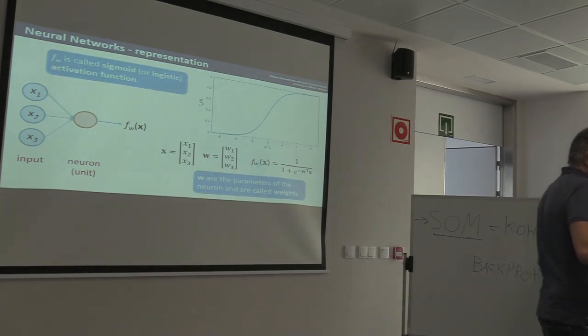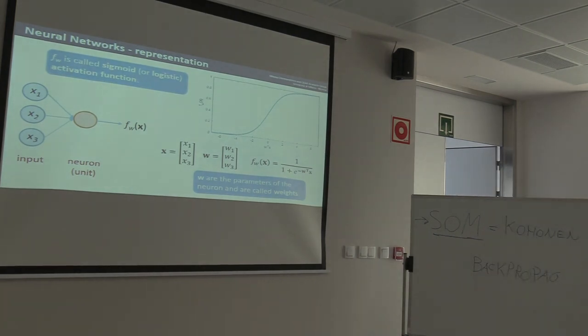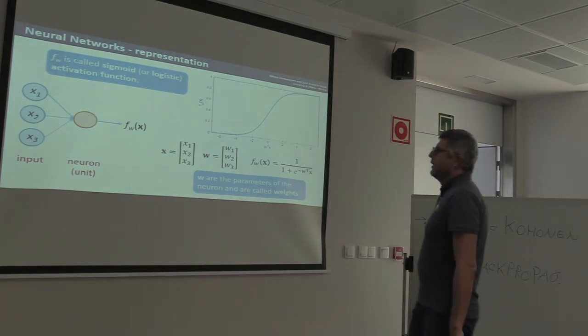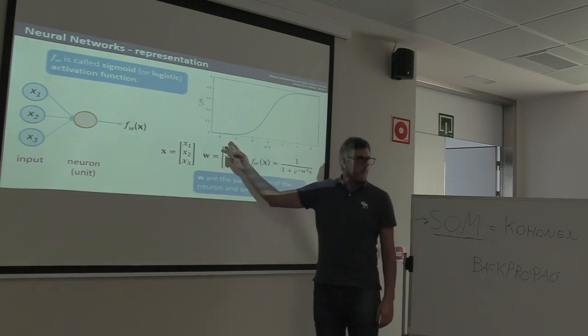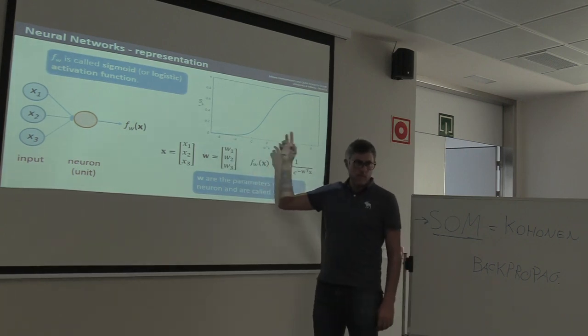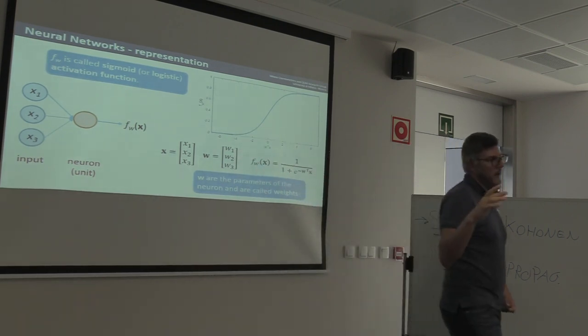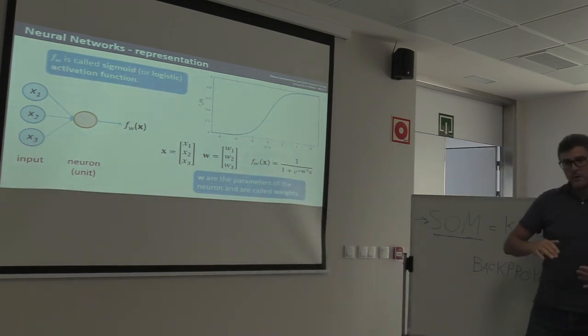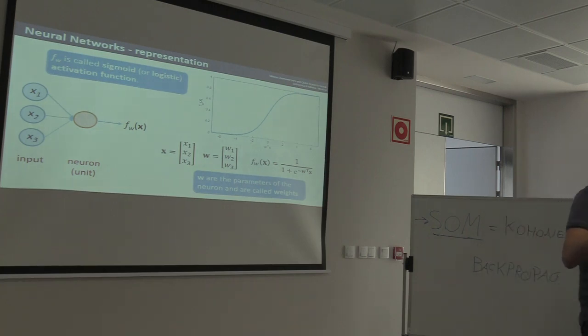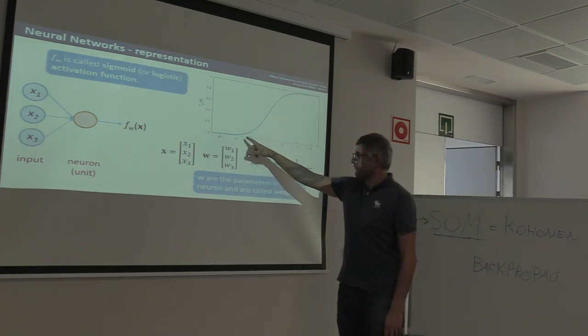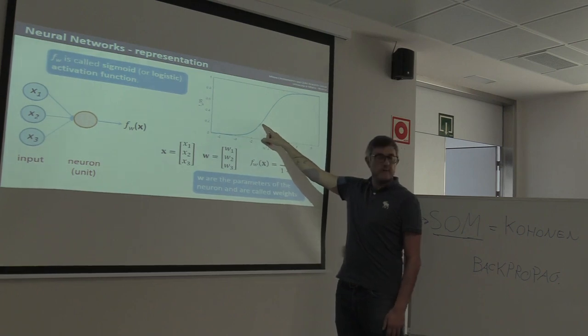How? It uses a logistic function. Do you know logistic regression? That's the basis for neural networks. Then, this is just the general type of neural network you can have, and here you have this logistic function.